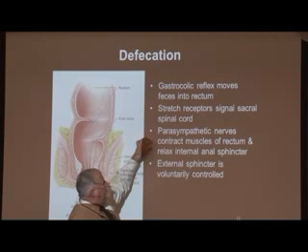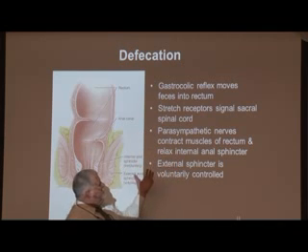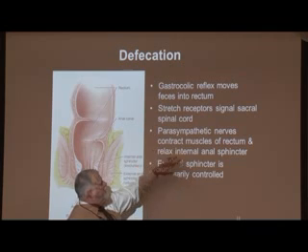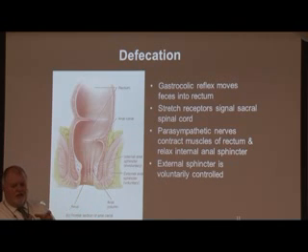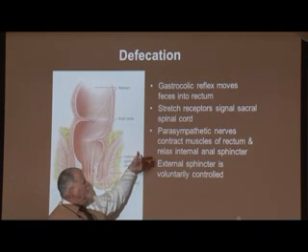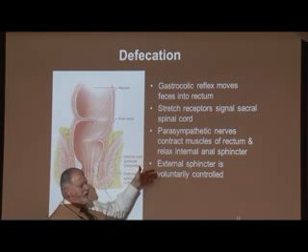Parasympathetic nerves control the muscles of the rectum and relax the internal anal sphincter. That's the involuntary part, the parasympathetic branch of the nervous system, occurring in babies. The part that we learn to control is our external sphincter, with voluntary control.